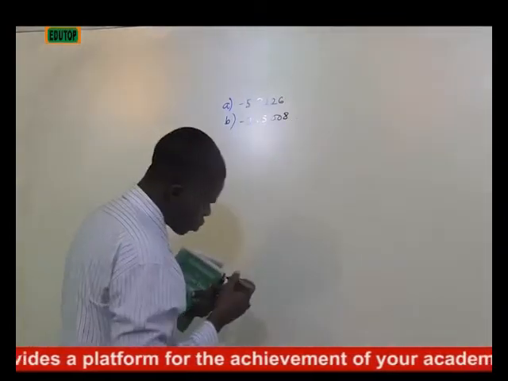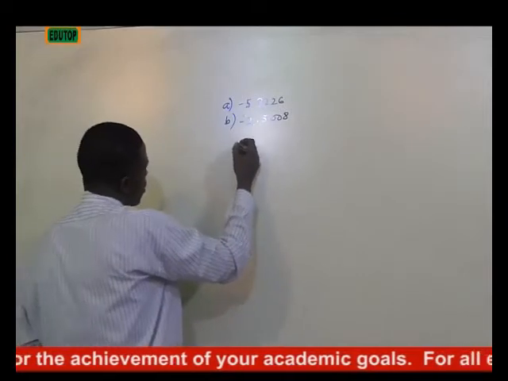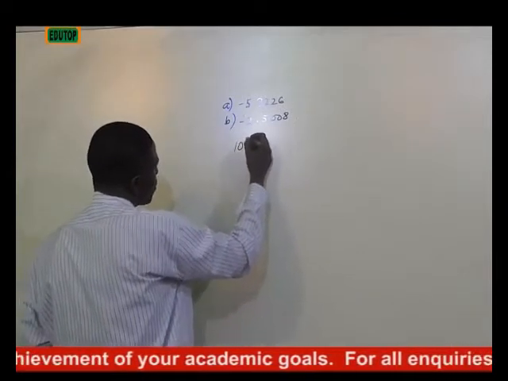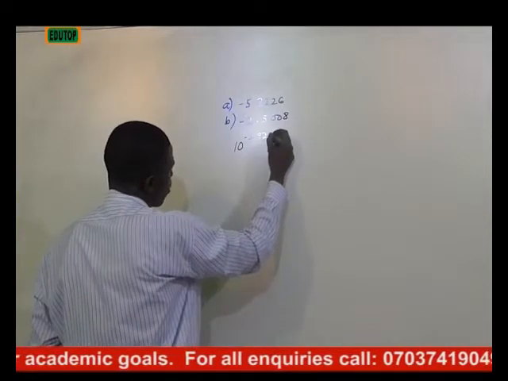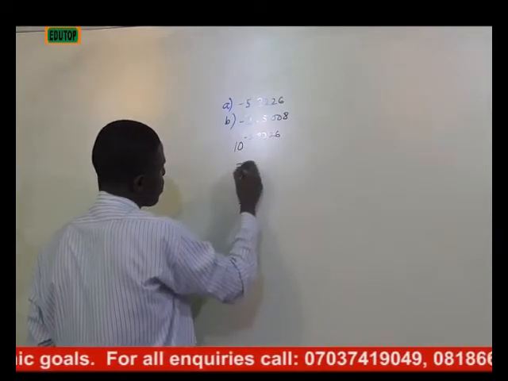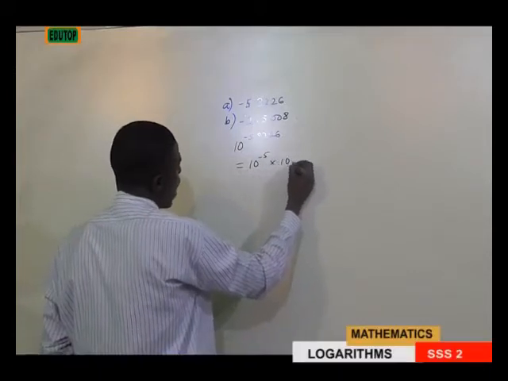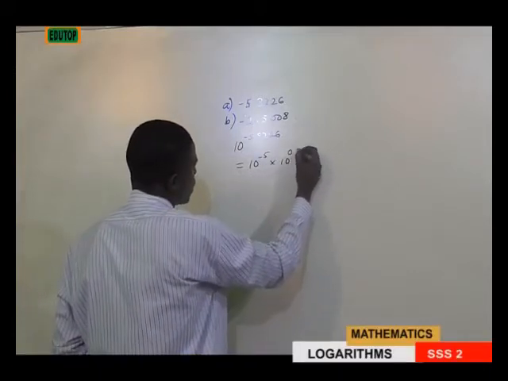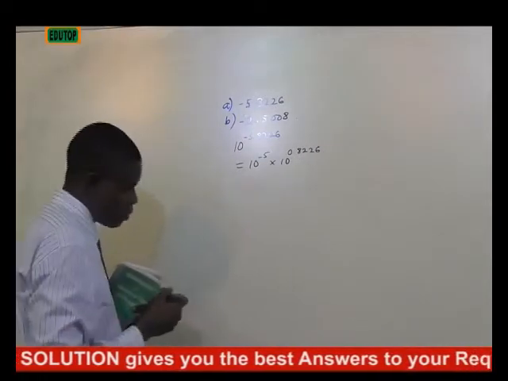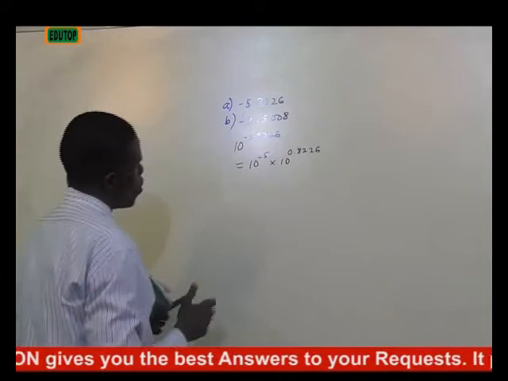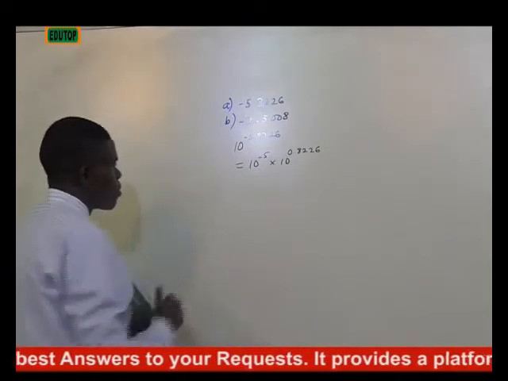We have to use anti-log table to look for this. So automatically, by so doing, we have 10 raised to the power minus 5.8226, which can be expressed as 10 raised to the power minus 5 times 10 raised to the power 0.8226. So now we check for the anti-log of this value.